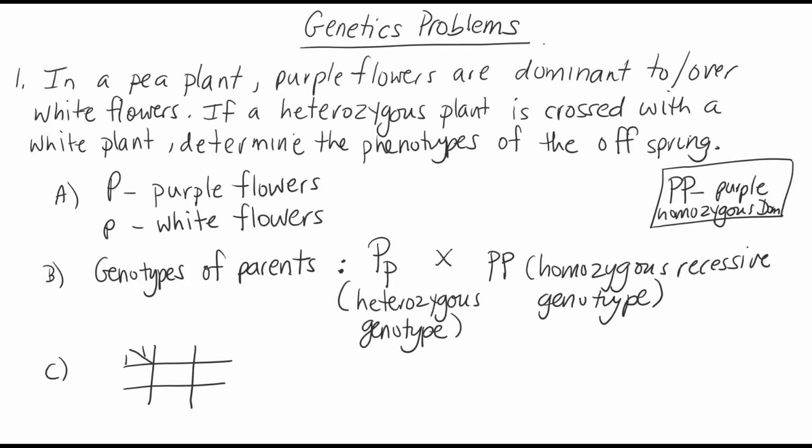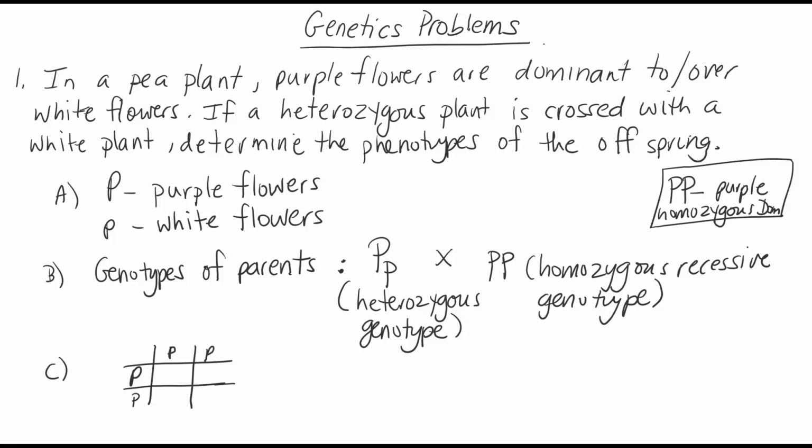Actually, that's going to be really confusing because we're using P's. So let's just put this homozygous recessive parent on this side of the Punnett square and the heterozygous parent on the other side. And now we're just going to work out what these combinations of alleles will be.